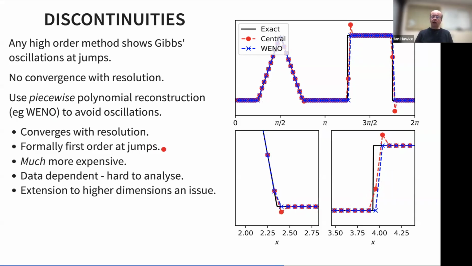However, they do retain high order accuracy away from the jumps. The downside is that they are much more expensive, partly because they have to consider multiple different stencils at every single point, but mainly because they are data dependent, which means that it's not possible for the compiler to optimize these in any nice way.